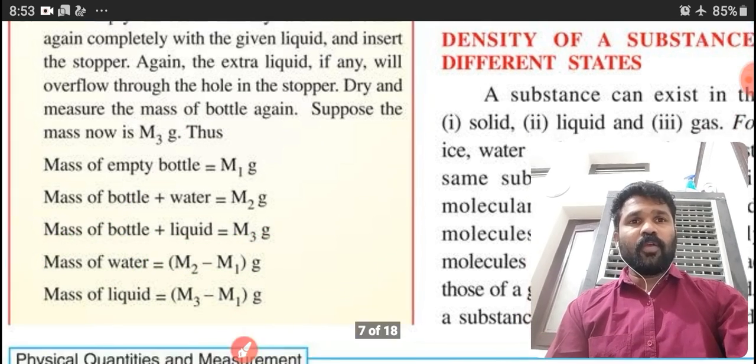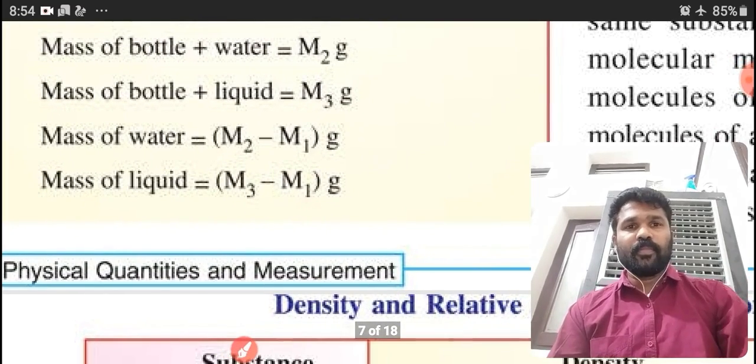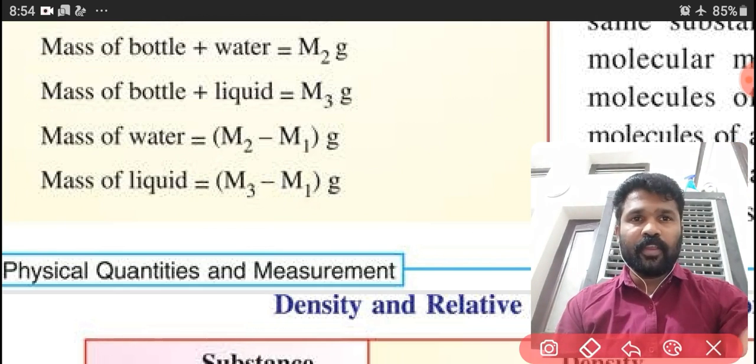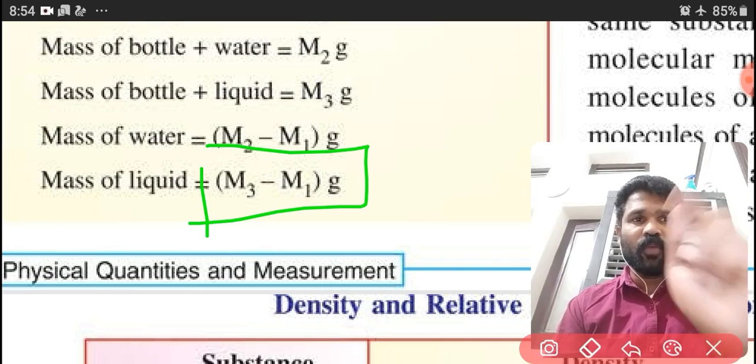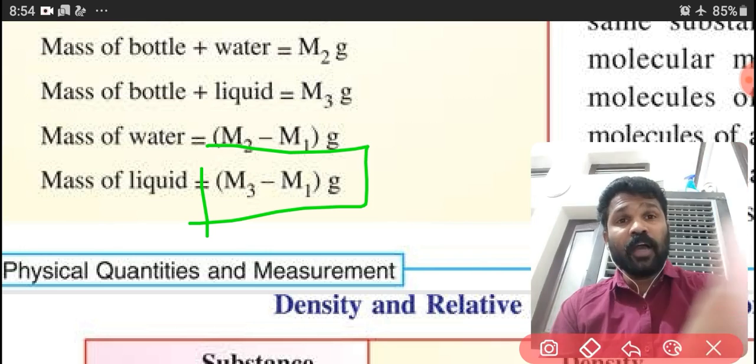Now we are going to find out the mass of liquid. That can be found out by using the relation m3 minus m1 gram. By using the relation m3 minus m1, we can find out the mass of liquid.